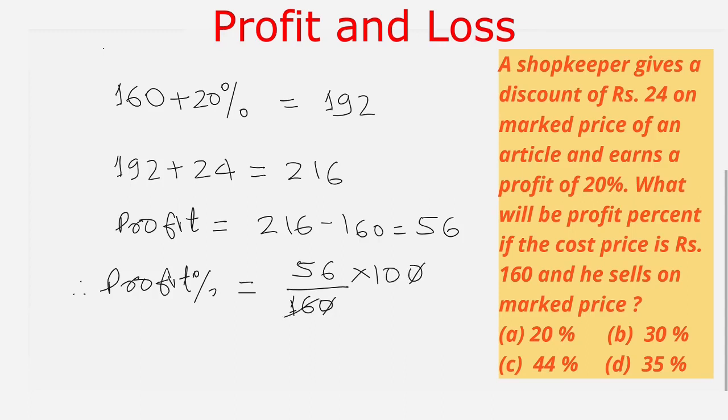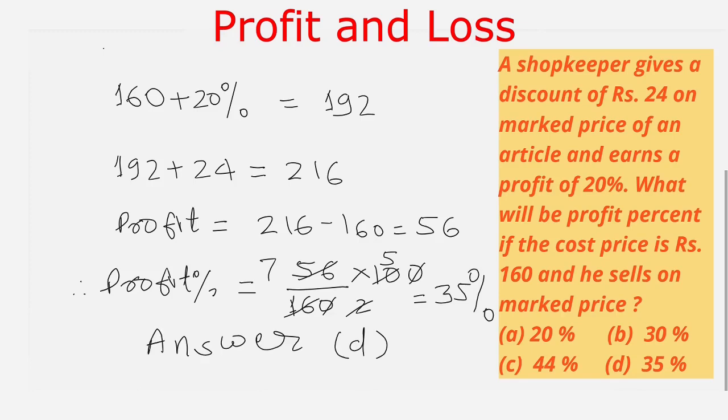We cancel 0 of 160 with 0 of 100, and 8 divides 16 for 2 times and 56 for 7 times, and 2 cancels 10 for 5 times. Therefore 7 times 5 is 35%. And from the given options, our answer is option D, 35%.